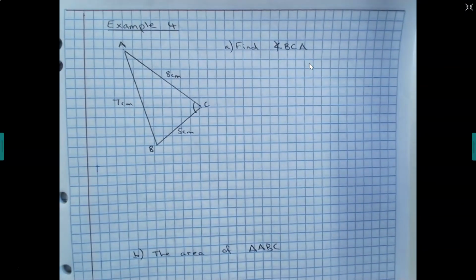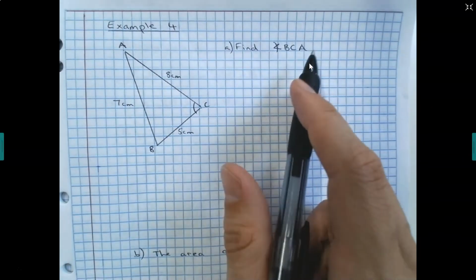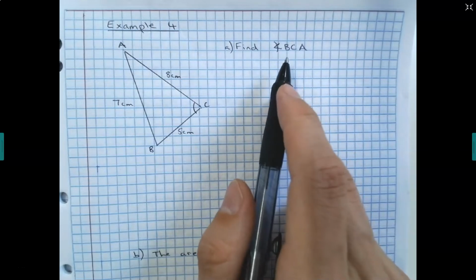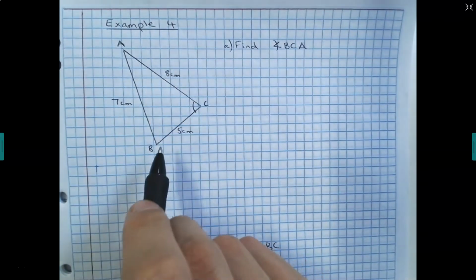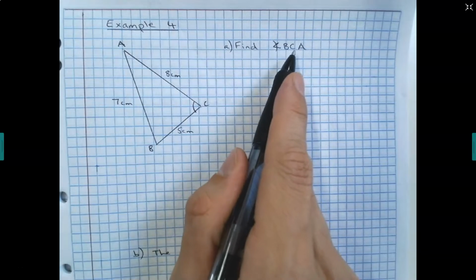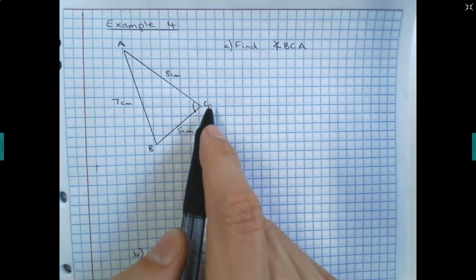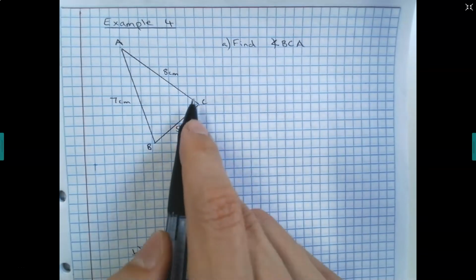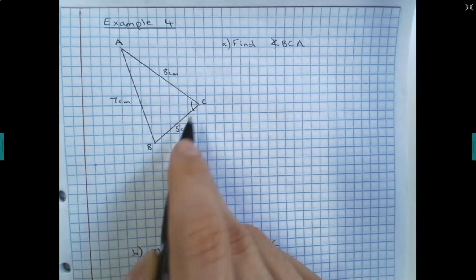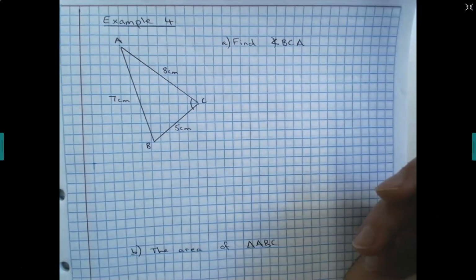Okay, now in example 4, we are asked to find angle BCA. Again, this is another way of signifying which angle we're talking about. With BCA, you always look at the middle letter, and that tells you which angle we're trying to find. So this angle in here, BCA, you could also call ACB.